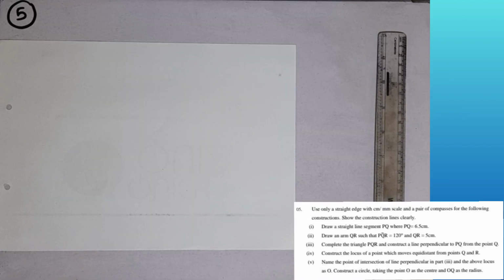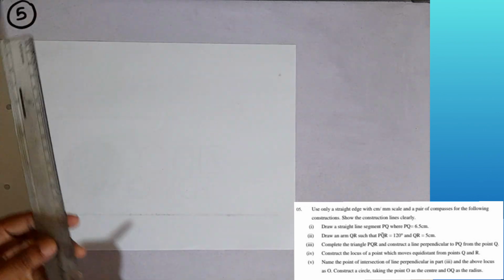Question number 5. Using only a straight edge with centimeter millimeter scale and a pair of compasses for the following constructions, show the construction lines clearly. First one, draw a straight line segment PQ where PQ equals 6.5 centimeters.